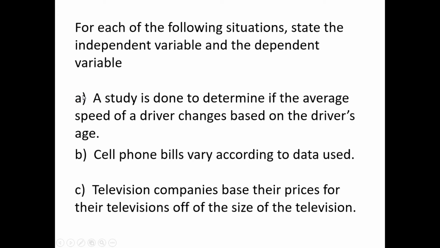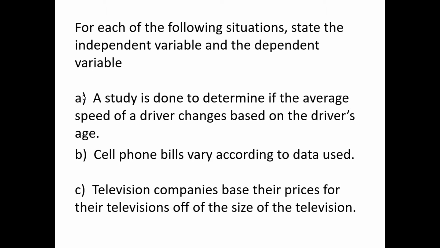For each of the following situations, try and figure out which is the independent variable and which is the dependent variable. Remember again that the dependent variable depends on the independent variable, so we put something in, and based on that independent variable that we chose, the dependent variable has a result.